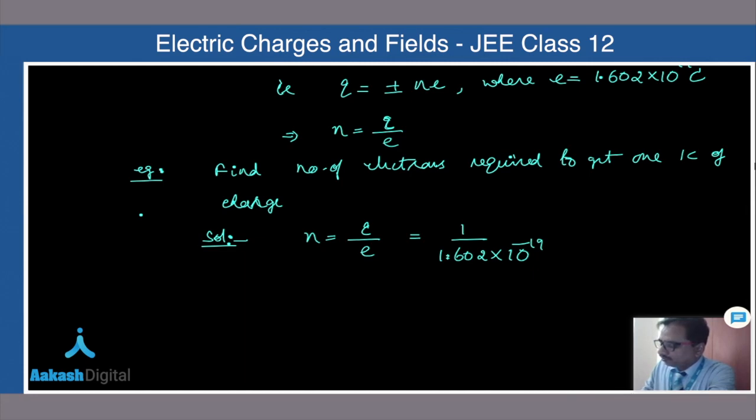Now if you simplify, you get 6.25 into 10 power 18 electrons. So 6.25 into 10 power 18 electrons are required.